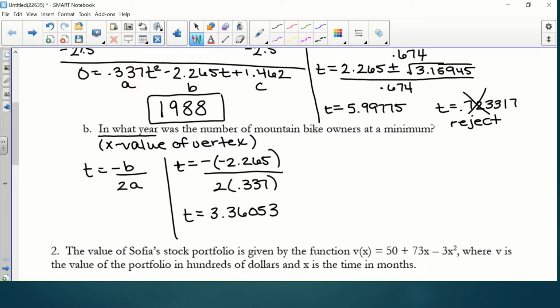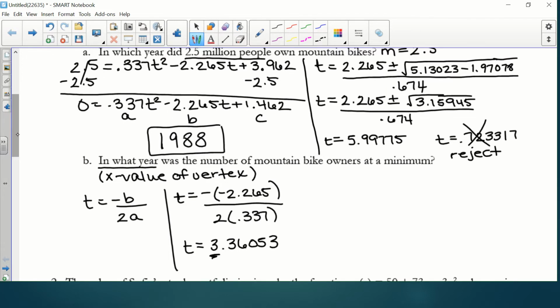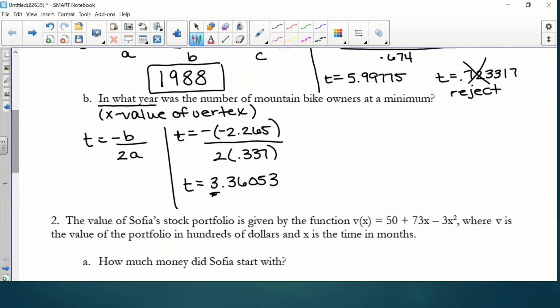Okay, so in what year? It looks like we're in the 3rd year, and if we're talking about a t value of 3, or 3 years after 1983, we're talking about the year 1986. So that's what year we have a minimum value.